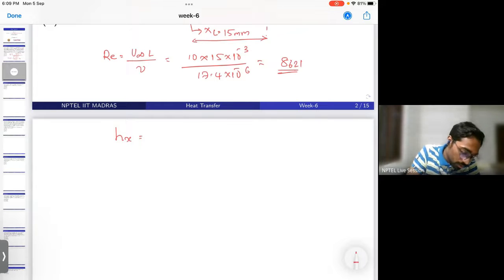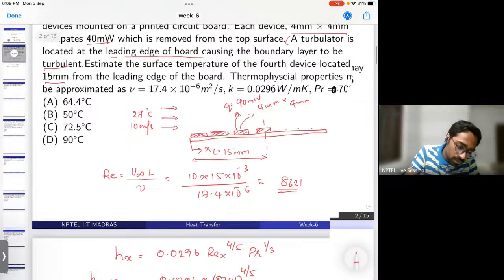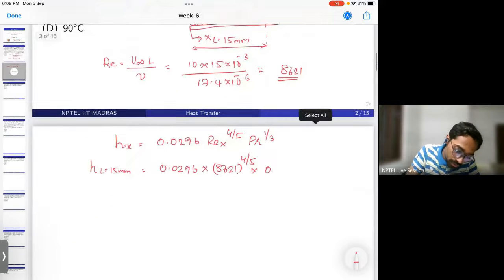The heat transfer coefficient is 0.0296 times Reynolds number at x raised to 4 by 5, times Prandtl number raised to 1 by 3. Reynolds number we already found out. So h at L equal to 15 mm is equal to 0.0296 into 8621 raised to 4 by 5 into Prandtl number, which is given, that is 0.705 raised to 1 by 3.